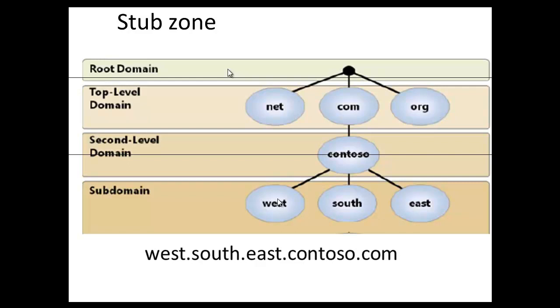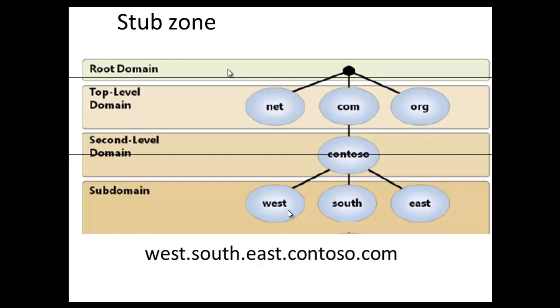Now, the stub zone. The stub zone is used when you want the DNS server hosting the parent zone, which would be Contoso, to remain aware of the authoritative DNS servers in the child zone.